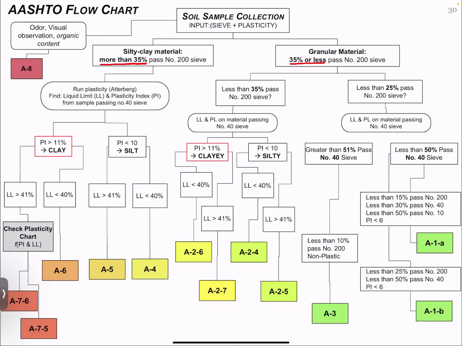A2. So in this case, A2 usually has better workability than A3 because it can be compacted a little bit more. So in CE materials, I don't know if you guys did the optimum moisture content, or maybe that's the geotech one, I can't remember.